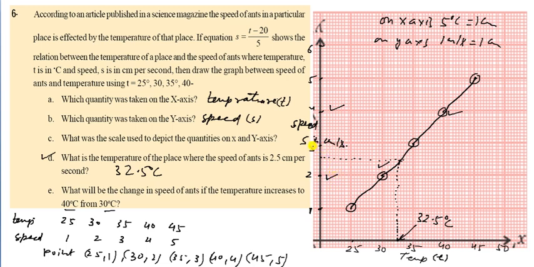So it will change from 4 to 2 centimeters. You can write: it will change from 4 centimeters per second to 2 centimeters per second. So that is the answer. You have to write it in your copy. So let us see the next one.